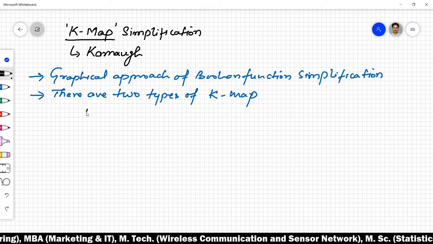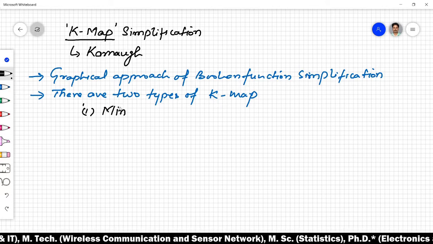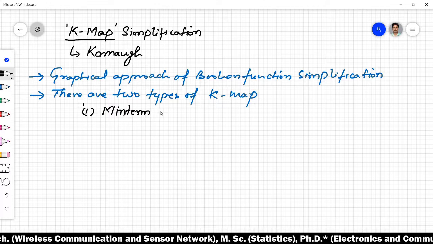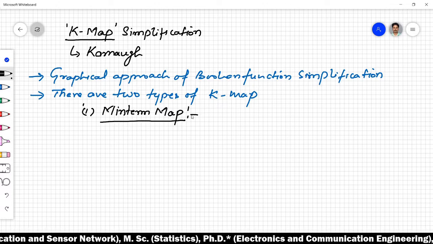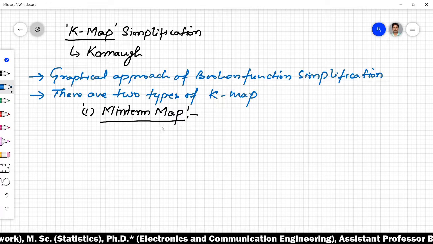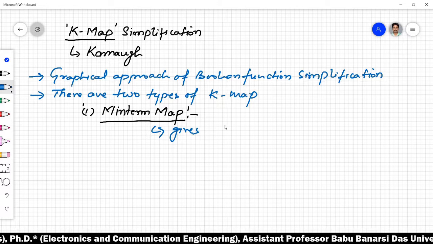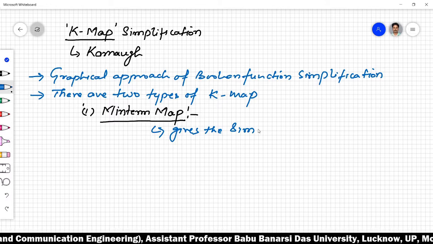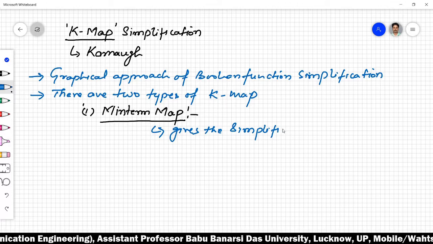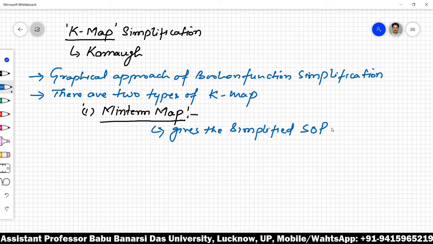Number one is the min-term map, in which after simplification we get a SOP expression. So this gives the simplified SOP expression.